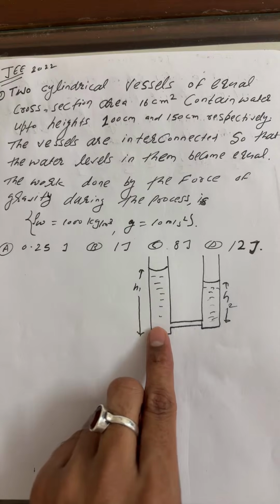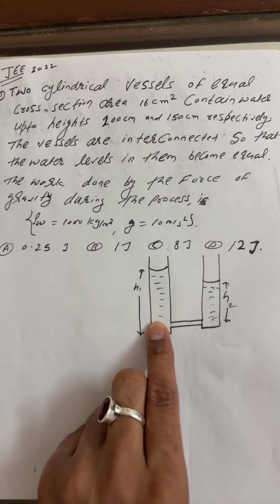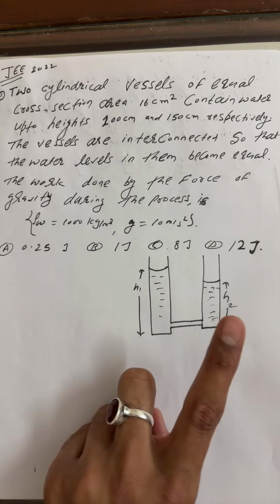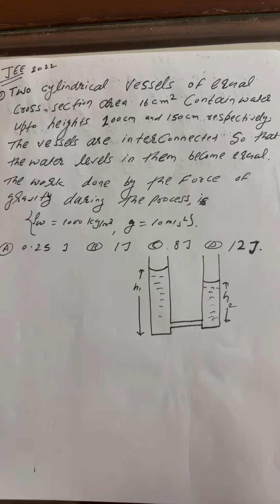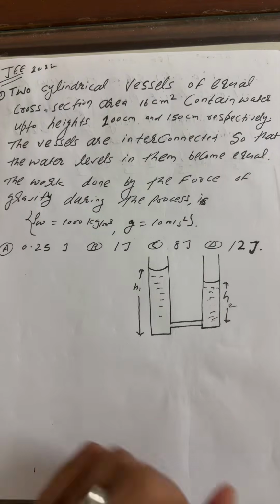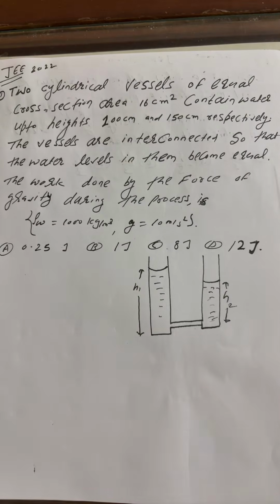This is the cross-section area, also 16 centimeter square, and this is also 16 centimeter square. They contain water up to heights of 100 centimeter and 150 centimeter respectively, and the vessels are interconnected so that the water levels in them become equal.